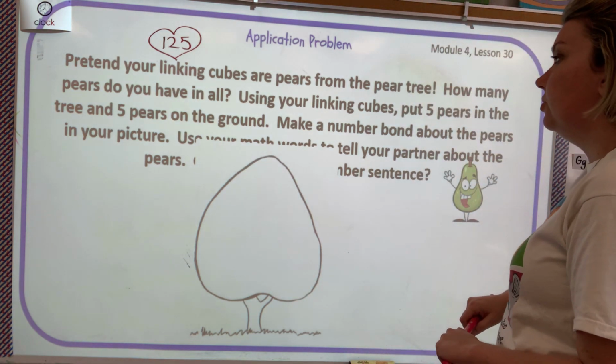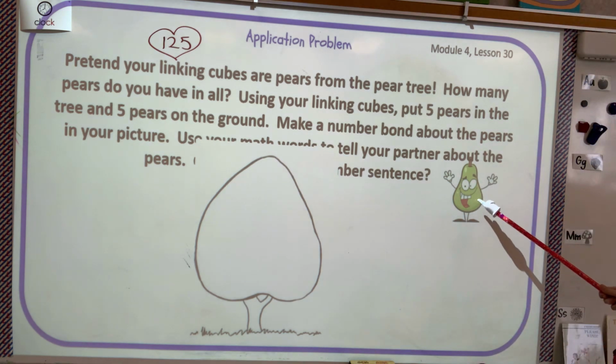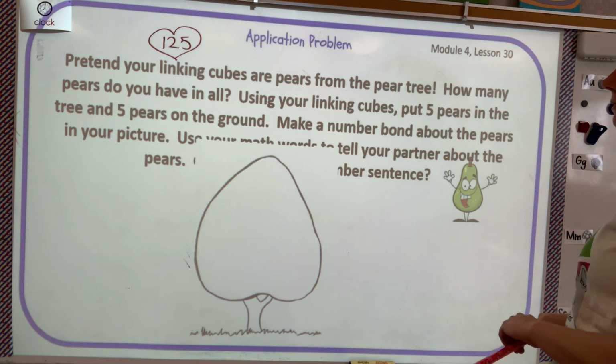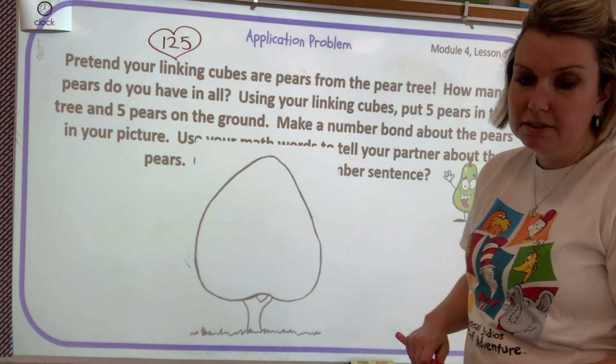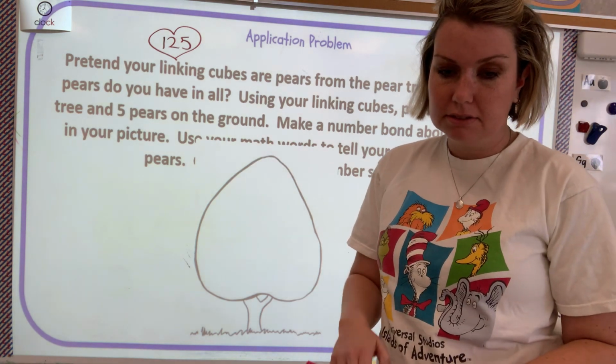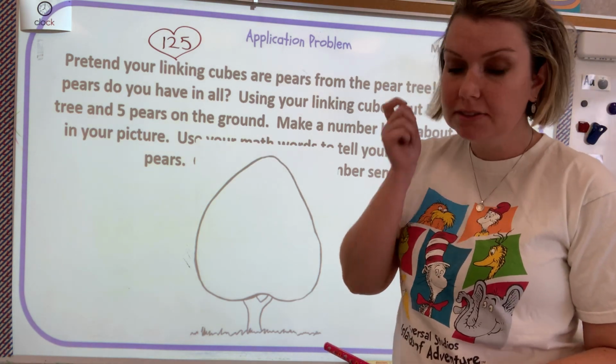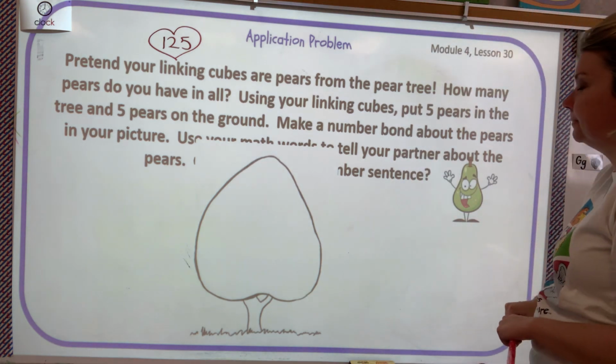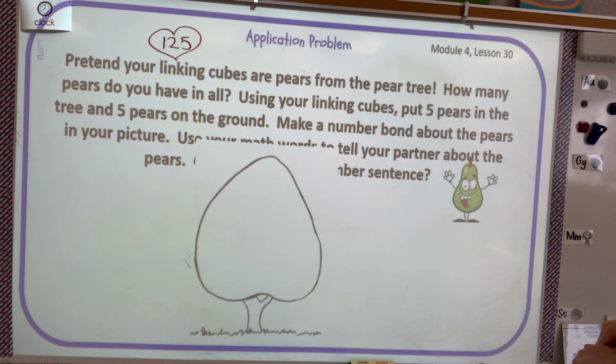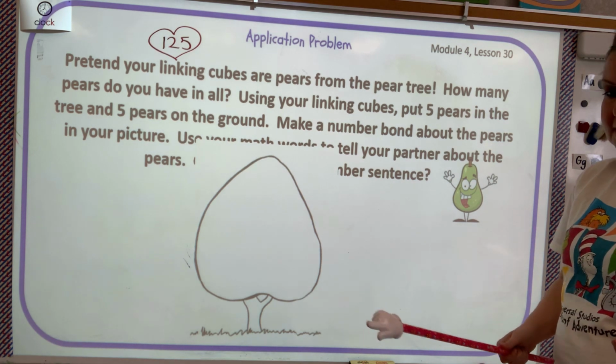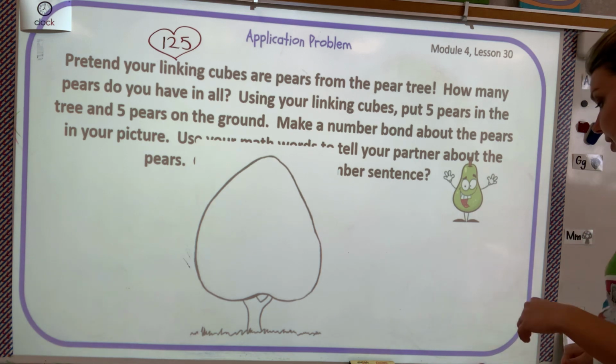pretend your linking cubes are pairs. That's what this guy is. So I'm going to use my whiteboard to do it. Okay, sweetie. Pretend your linking cubes are pairs from a pear tree. How many pairs do you have in all? We just said we have 10, right?